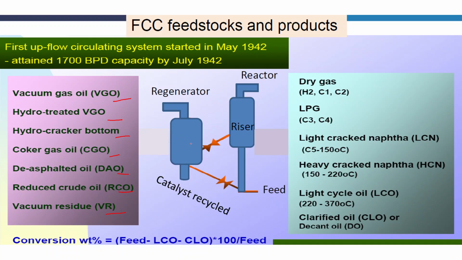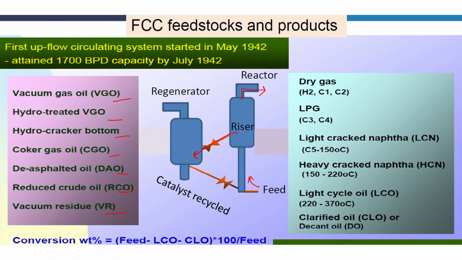So what happens is we take the feed from here, the product which we need to crack. We take the feed along with the catalyst in from the riser. It goes up and the reaction takes place here. After the cracking, the product goes out from here, and the catalyst goes back to the regenerator for regeneration.